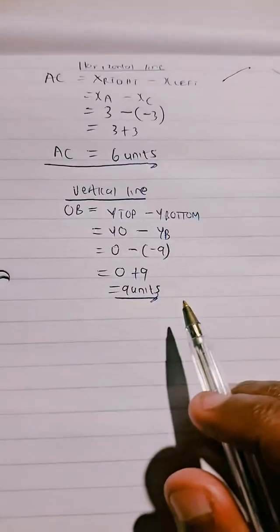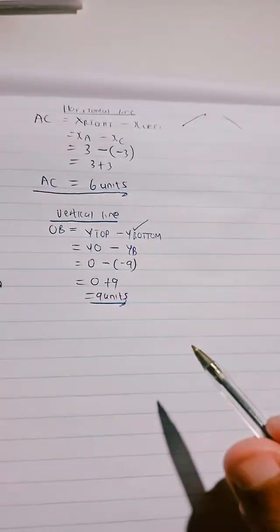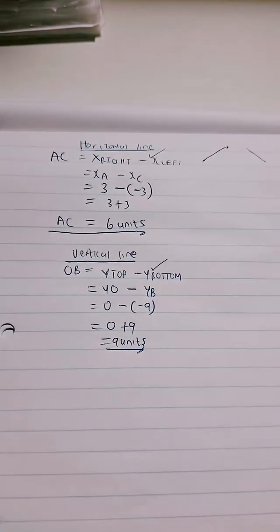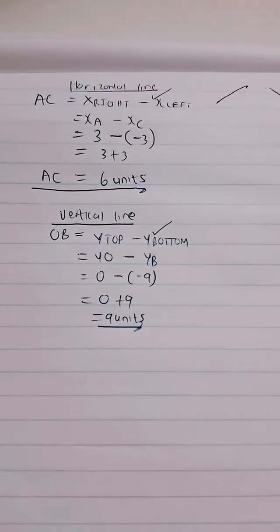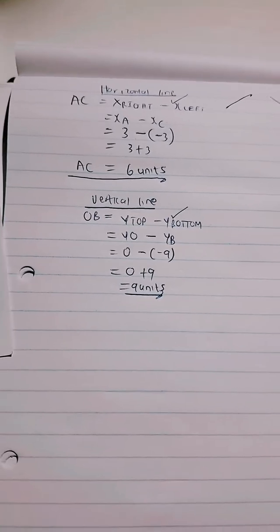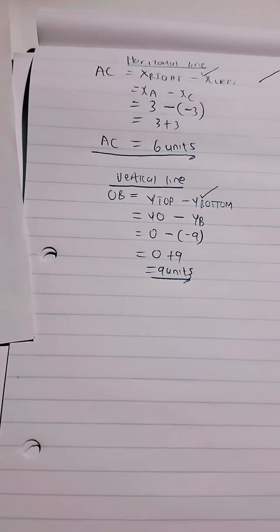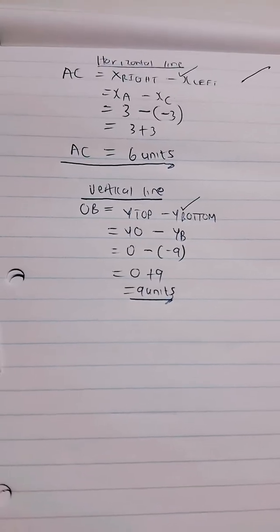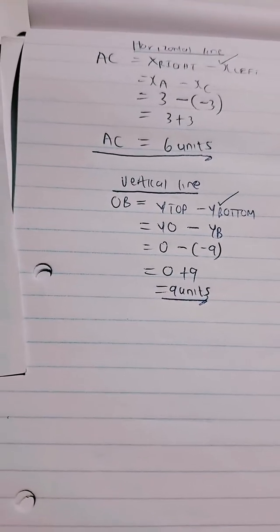Okay, vertical line, we use y top minus y bottom. Horizontal line, x right minus x left. Okay, guys, are we good? So horizontal line, x right minus x left.